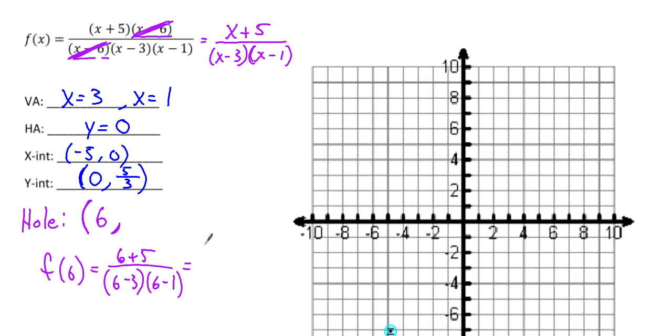So we plug it in here, we get 11 on the top, and 15 on the bottom. So our hole is at 6, 11 over 15. Okay?